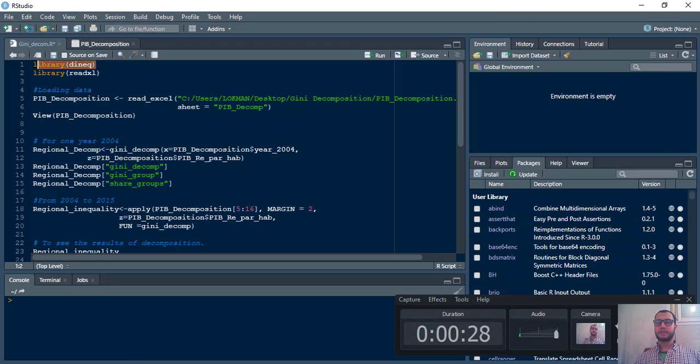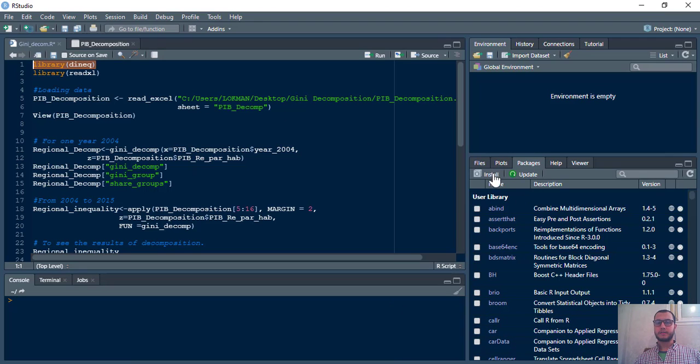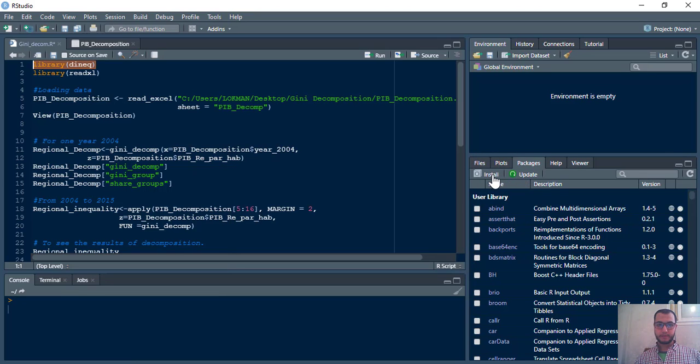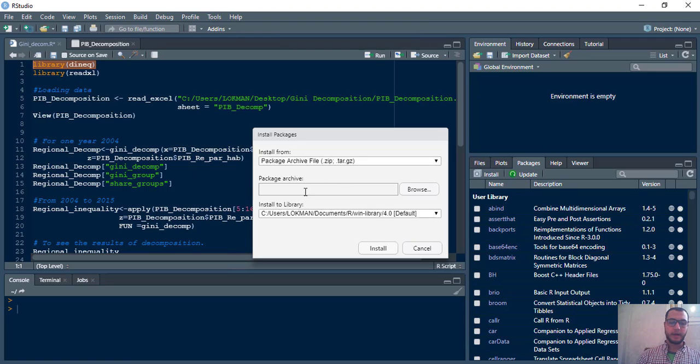there are two methods. The first one is to go to packages and click on install. Type Dynamic.